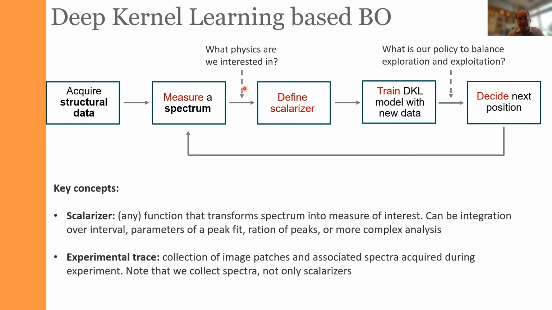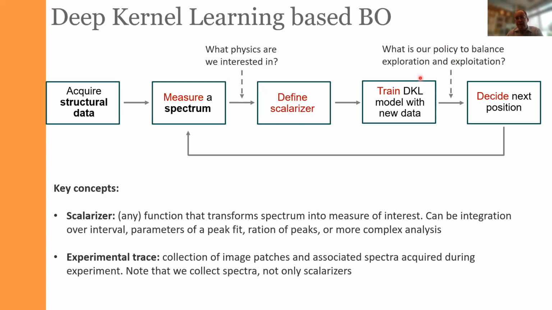And the answer is that, first of all, while we're running this experiment, we can change our opinion about what physics we are interested in. I've already shown you an example of two experiments, for scanning probe and for electron microscopy, when we changed the scalarizer. And of course, at that time, it was done between the experiments, but there is no reason why the scalarizer cannot be changed during the experiment.